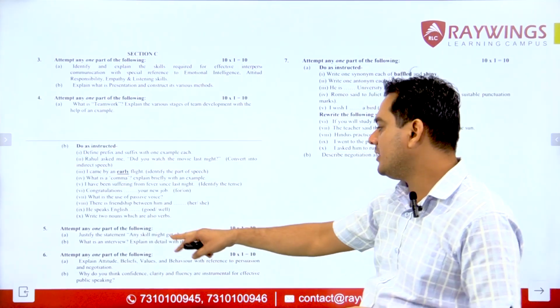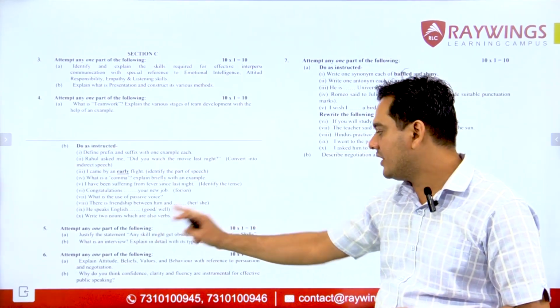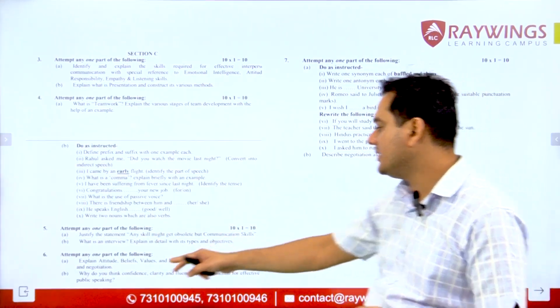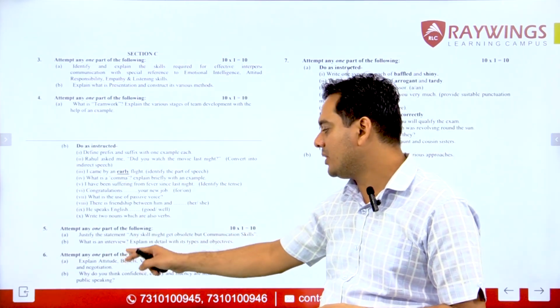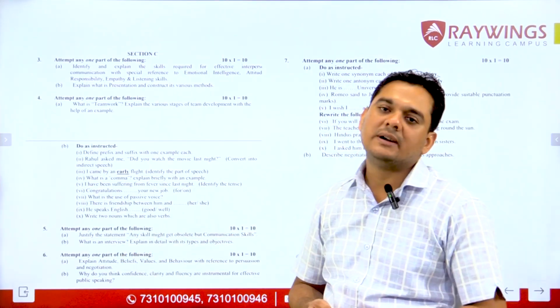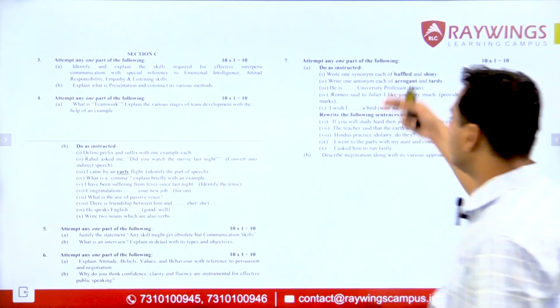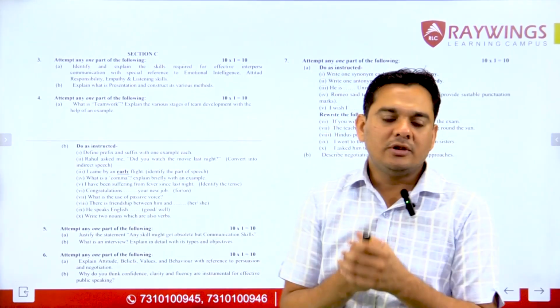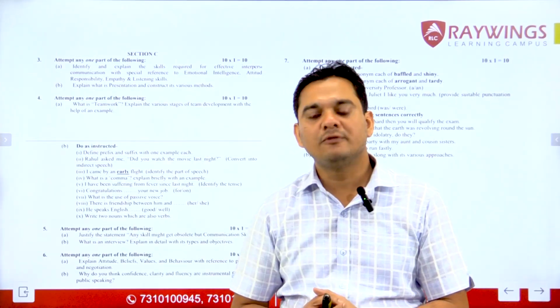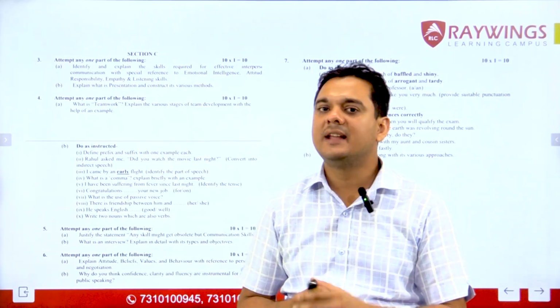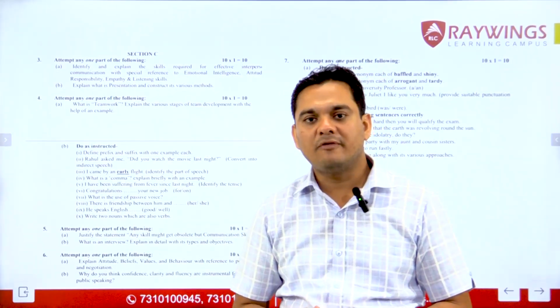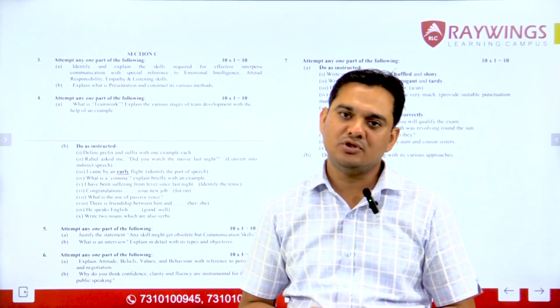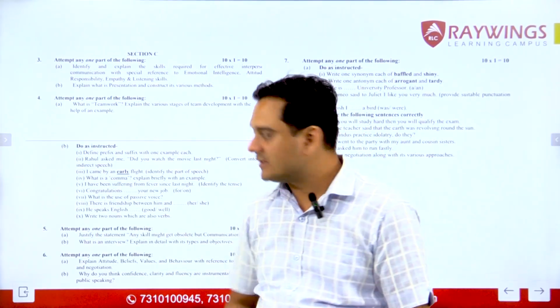Same in question number 5, and in question number 6, any one part of 10 marks. And same goes for question 7 as well. So let's find out the best solution for these questions, and that will help you to prepare for further examinations in future.